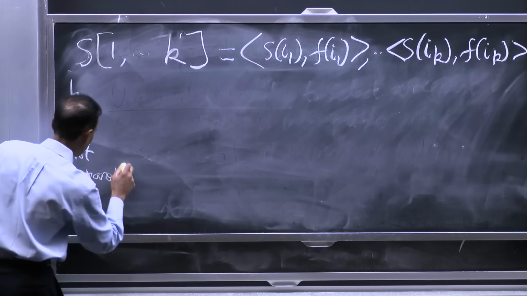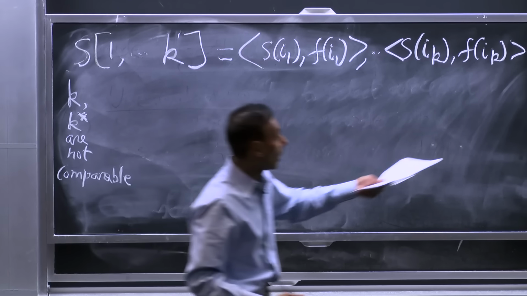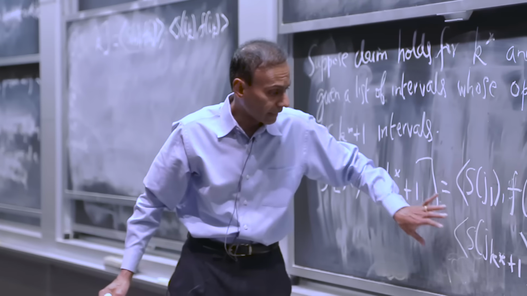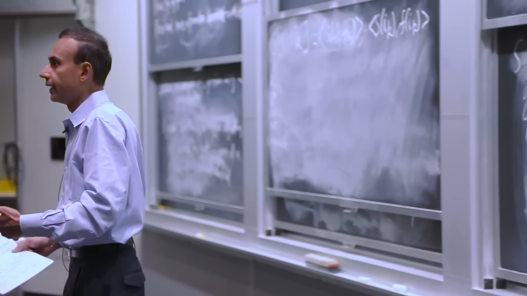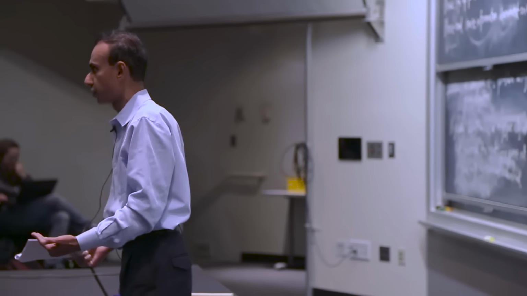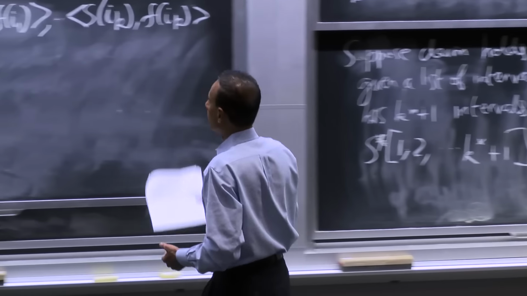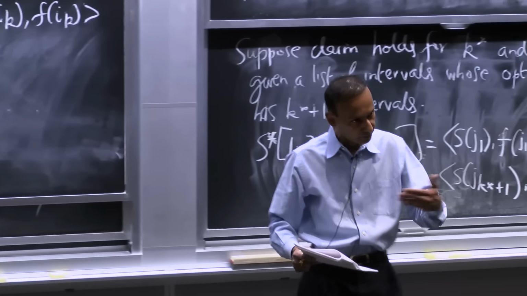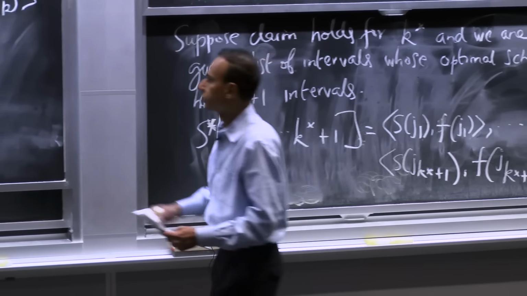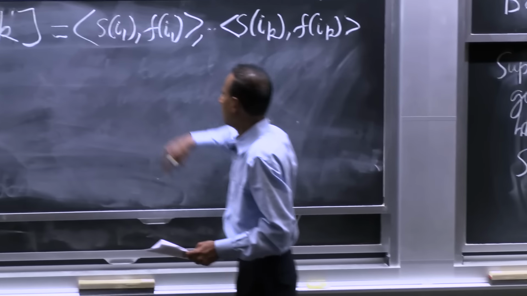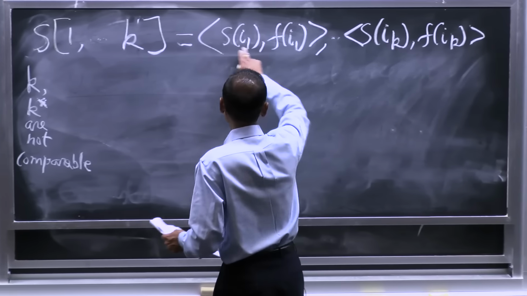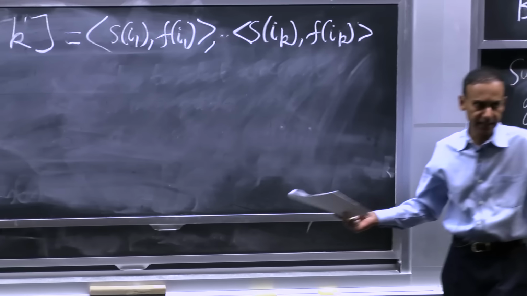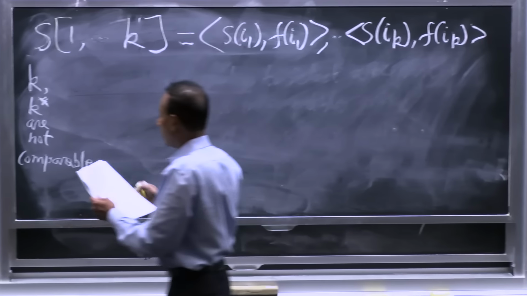I'm just making a statement that I took this particular problem that has k star plus 1 in terms of its optimal solution size, and for that problem I have k intervals that are produced by the earliest finish time greedy heuristic. Okay, and so that's why the subscripts here are different. Well, I have I1 here and IK, and then over here I have the J's. Right, so that these intervals are different.